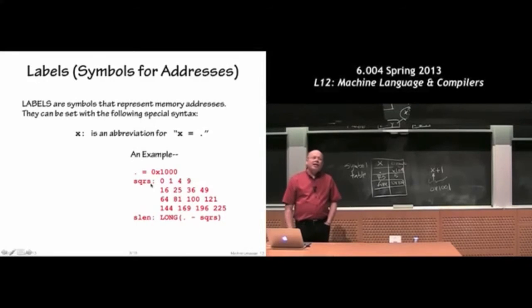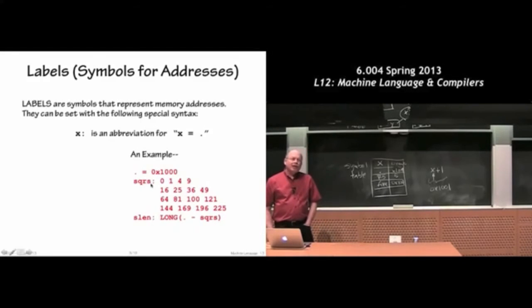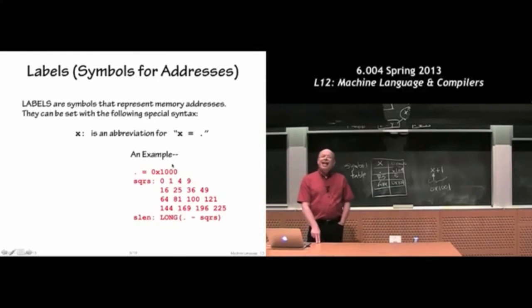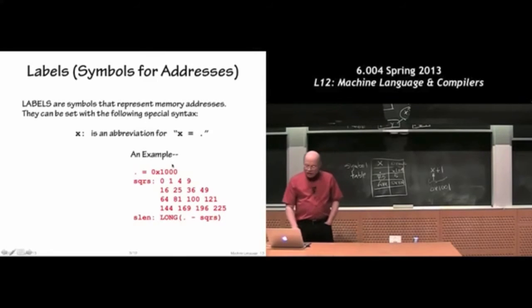This squares colon says, please remember the address of this location. Okay, and you can say, well, why didn't I just set it to 1000? This seems a little redundant. Well, the point is that typically you're going along and you have a whole bunch of statements which are filling up memory. You don't exactly know how much room they take, so you don't know precisely what the value of squares is, but you do know you want it to be the address of the location holding that 0.